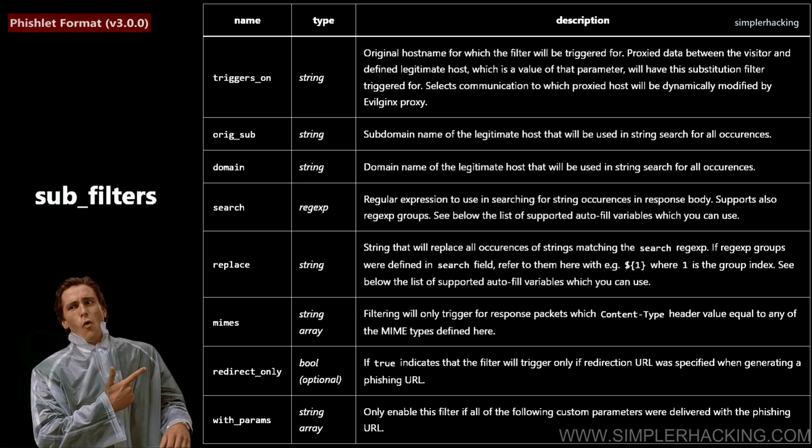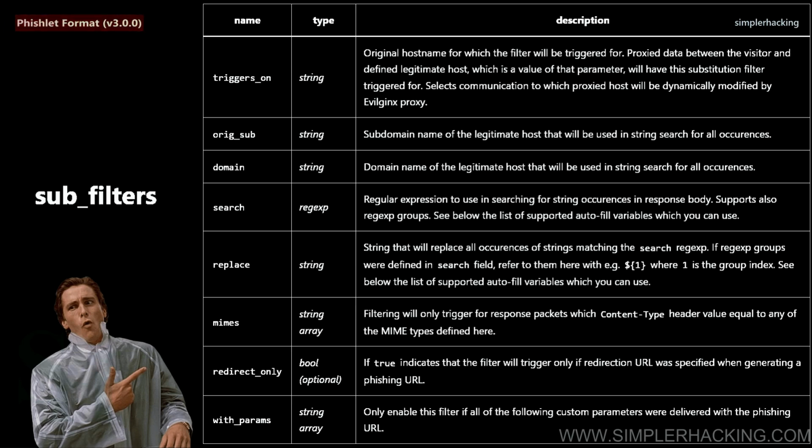The domain parameter defines the domain name of the legitimate site that will be searched for in the response body. If you're creating a Phishlet for example.com, this helps find every instance of example.com in the response. It's often used together with org sub to identify and replace full URLs or elements that include the base domain and subdomains.